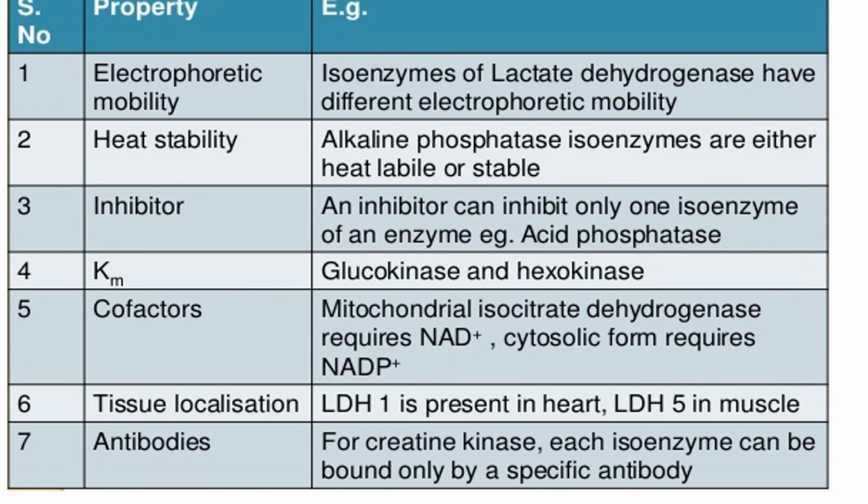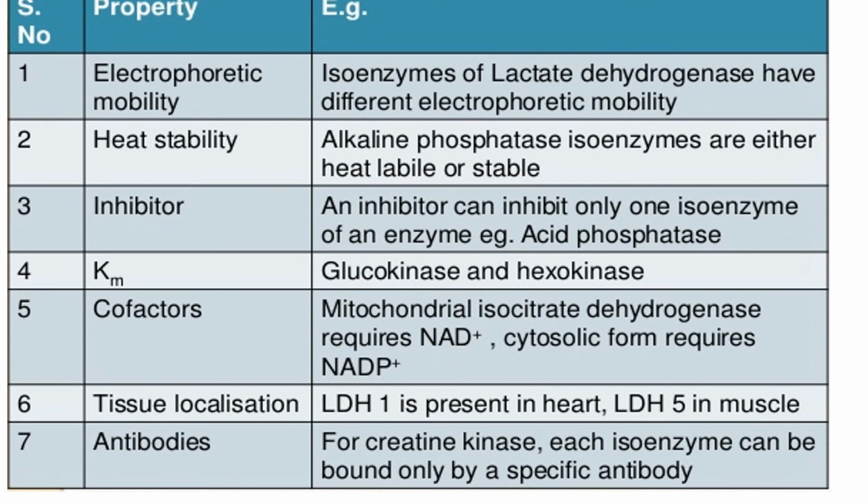If you recall, nicotinic acid is vitamin B3, and it has two coenzyme forms, NAD and NADP. NAD is required for catabolic processes, and NADP is the coenzyme form of nicotinic acid required for biosynthetic processes.